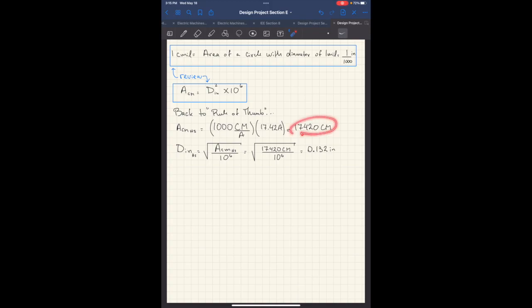This is the cross-sectional area of the conductor that I need. If I want to find the actual diameter, I can use the formula from review to find the diameter in inches. It's good to have that information written down.